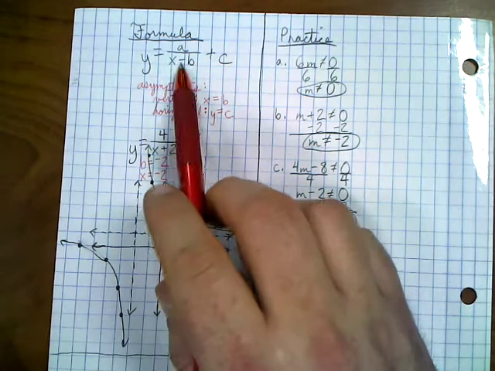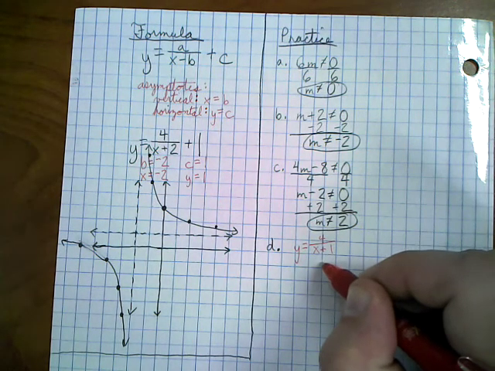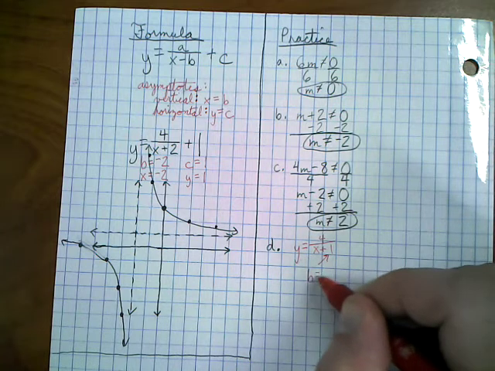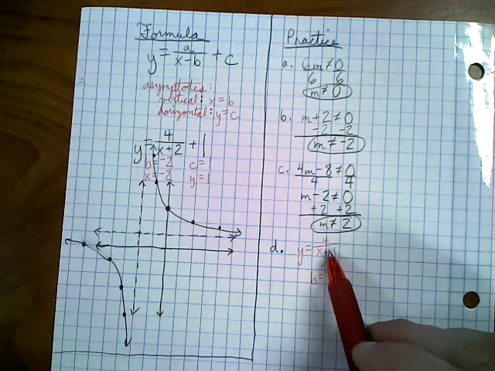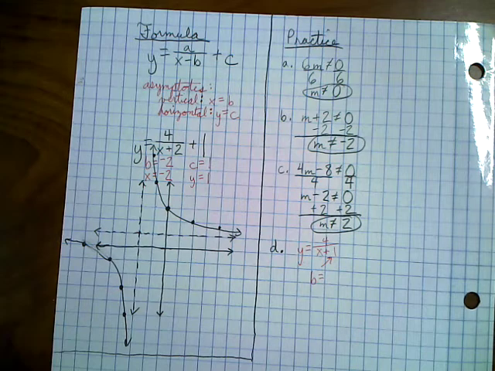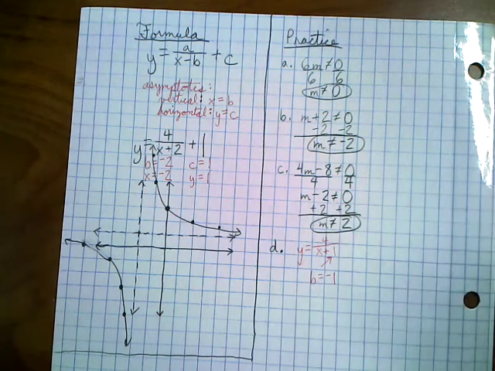So remember in the formula, it's x minus b. So we have to think about this as subtraction. So what's b here? Well, x minus what would be the same as this? Well, since it's a plus a positive, that means it comes from minus a negative. So this must be that b is a negative 1.